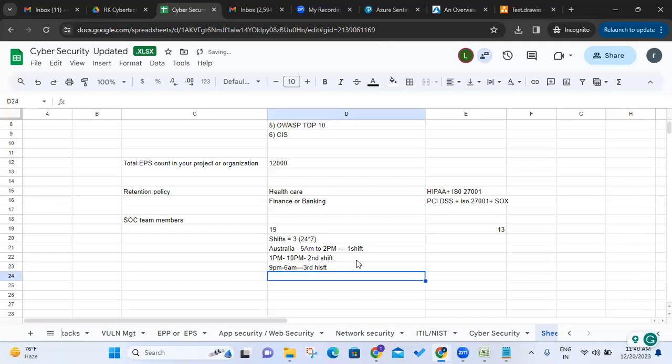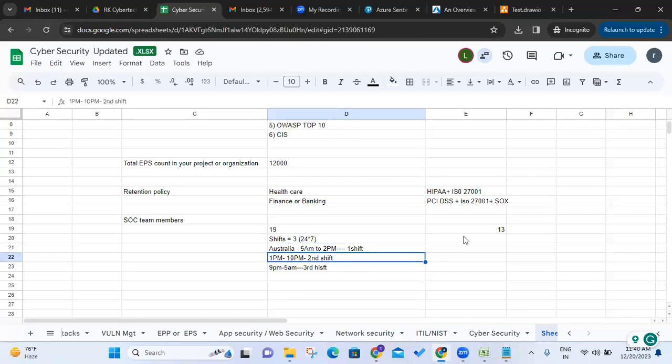Is there a 1 hour overlap or not? Yes, sir. Why is the 1 hour overlap there? Handover, because of the time zone. Shift handover and shift takeover.